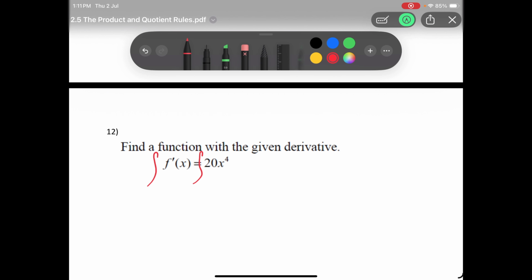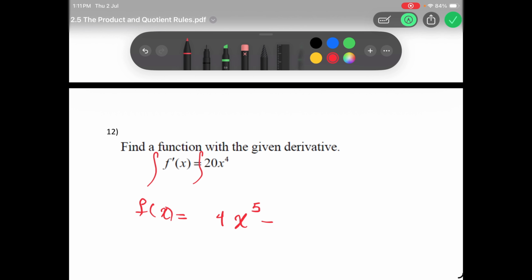So I can suggest one solution, like f of x is 4x to the power 5. So find just one function, because there are infinitely many.